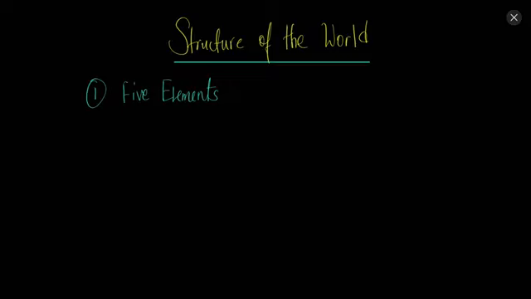So there was this theory of 5 elements. In most of the civilizations, it was thought that everything in this universe consists of 5 elements. So what were those 5 elements?